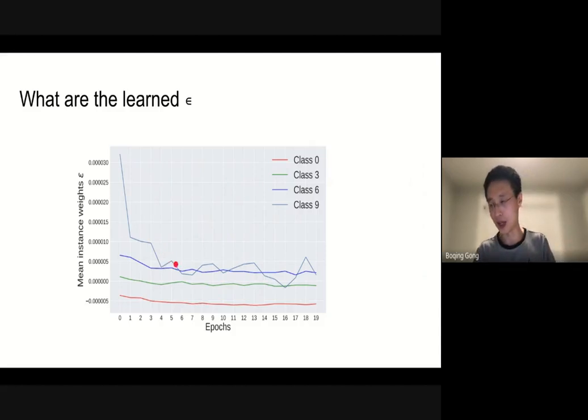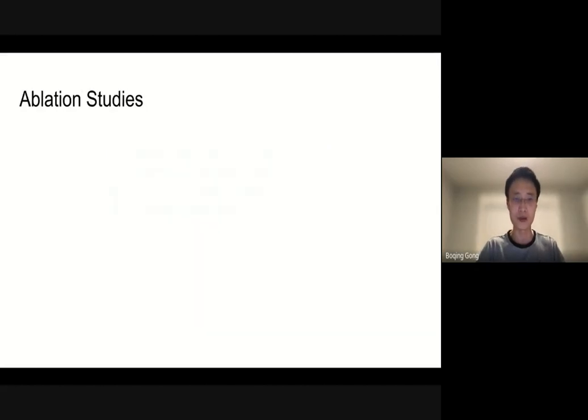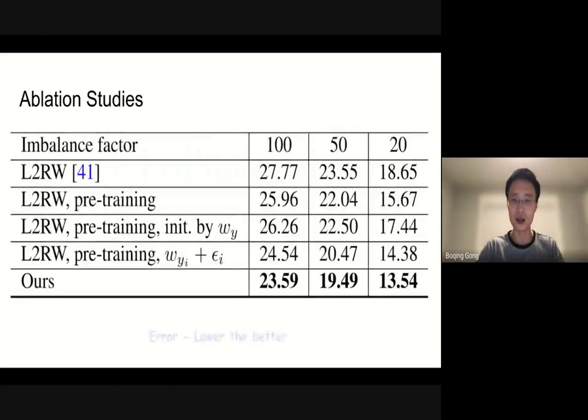Because we only have a few training images for each tail class, they are not very good representation for the testing distributions. We need to weigh not only the classes, but also the training images to get a good estimation about the testing risk. We also ran a lot of ablation studies.